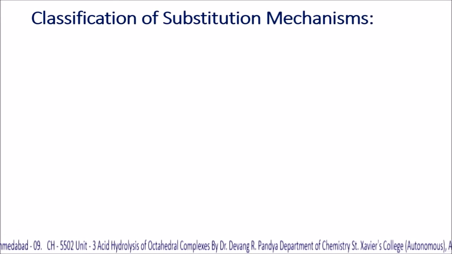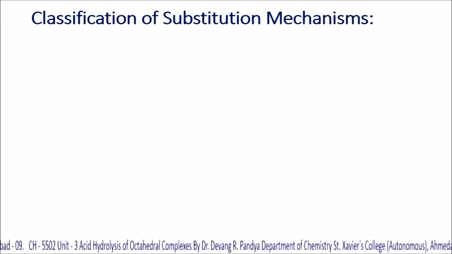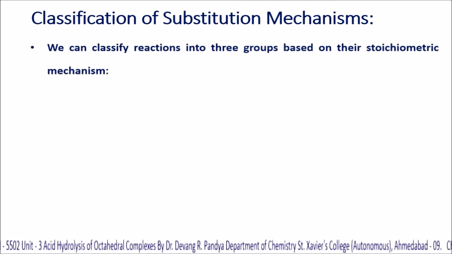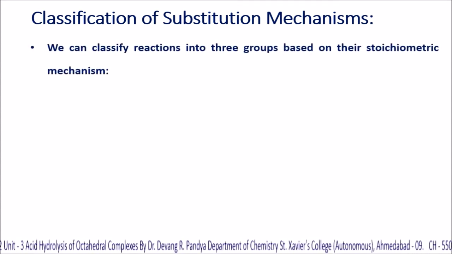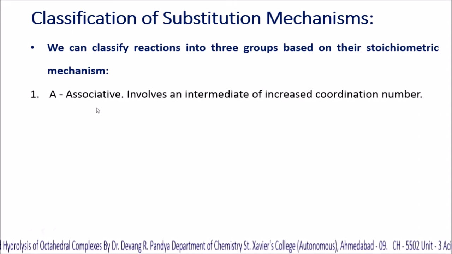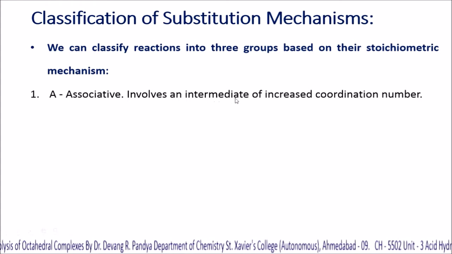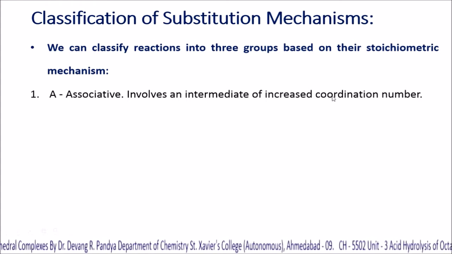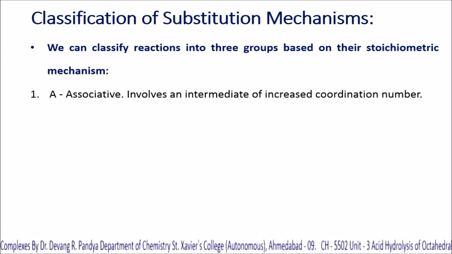Now, in a broad classification of ligand substitution reactions, we can classify reactions into three groups based on their stoichiometric mechanism. The first is associative, which involves an intermediate of increased coordination number, that is, from coordination number 6 it goes to coordination number 7.